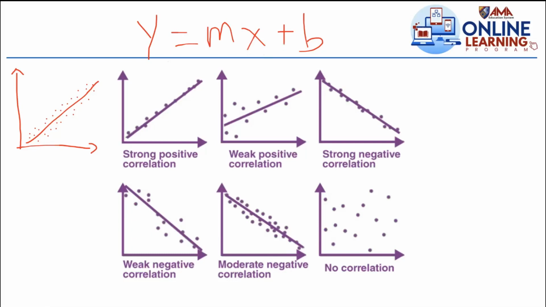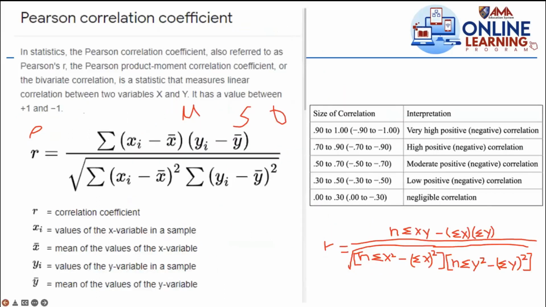By the way, in part 2, we will talk also of the R squared. If R is the coefficient of correlation, the R squared is the coefficient of determination. So they are connected, because to get the coefficient of determination, you square the coefficient of correlation. That's why they are really related. We will use that in part 2 regarding how well your model is. The R squared determines how well your model is.